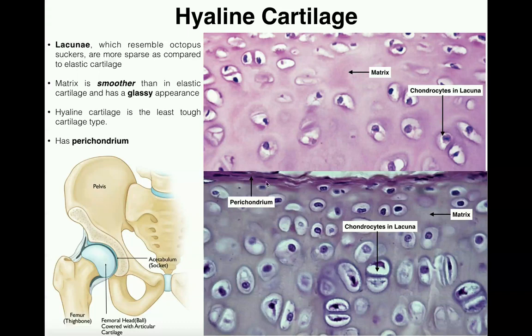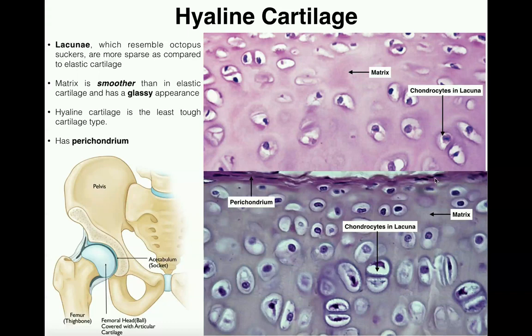And in some types of cartilage, it may be a different size, but it's going to look like a different consistency than the rest of the matrix of the cartilage. And that's a giveaway that you're looking at a region called the perichondrium.